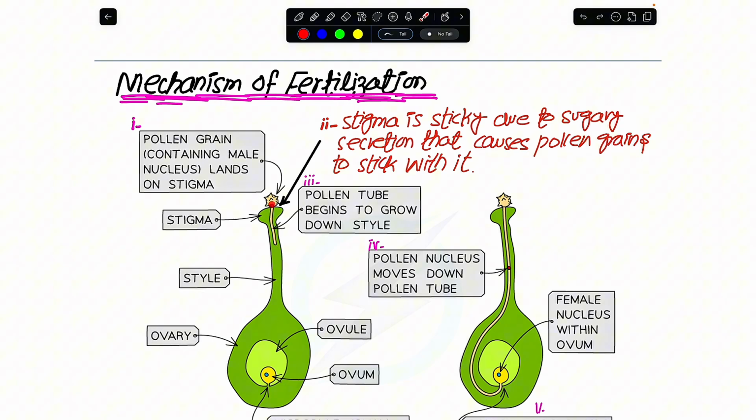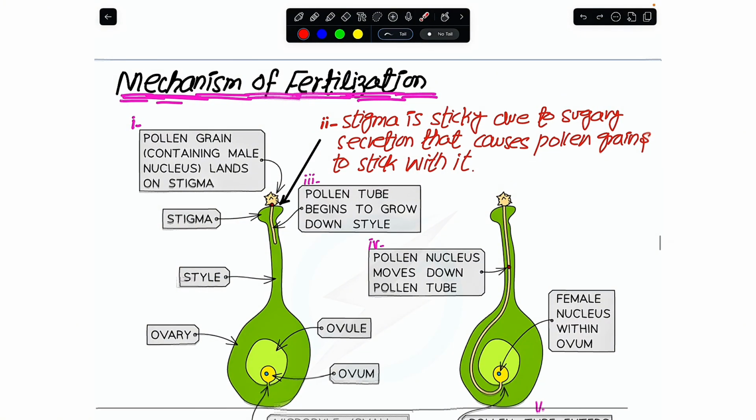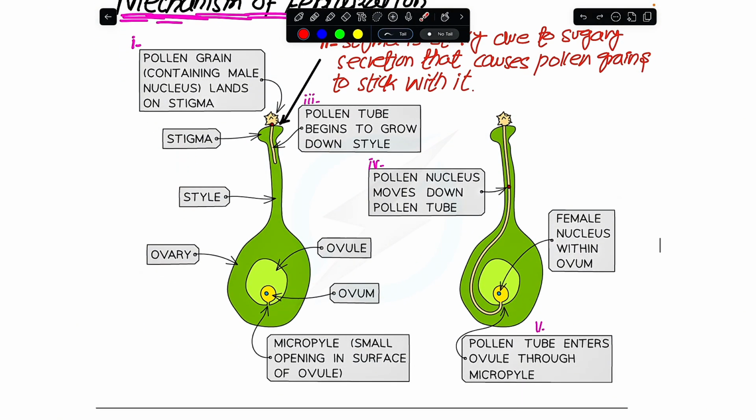This would only be the male nucleus that we have in the pollen grain. They need to go down, ultimately fusing with the female nucleus. So the thing happening at this point is that some enzymes would be released, and these enzymes would digest some part of the style so that we can make a passage.